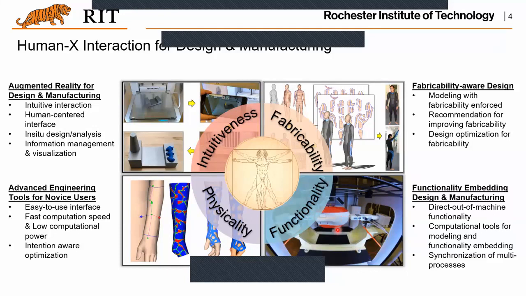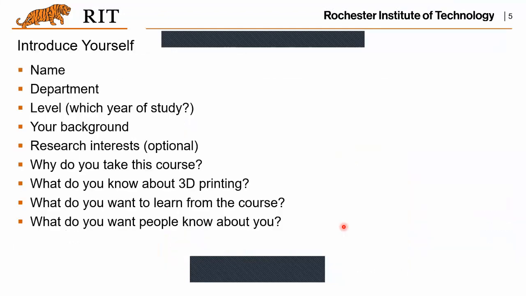So it has the direct out of 3D printing functionality, meaning once the 3D printing is completed, you can take it out and use it directly without the actual assembly and handling. So that's pretty much the research I'm working on or I did previously in my group related to 3D printing.